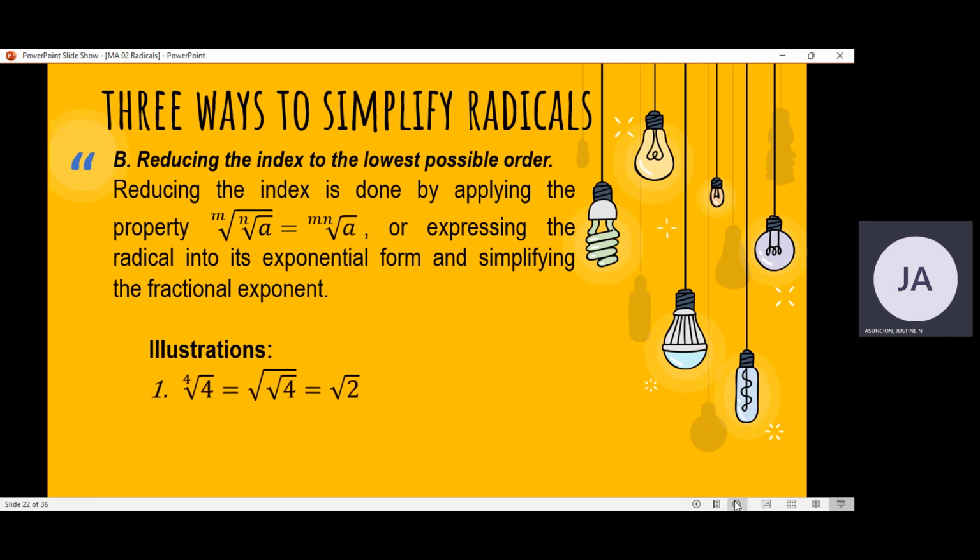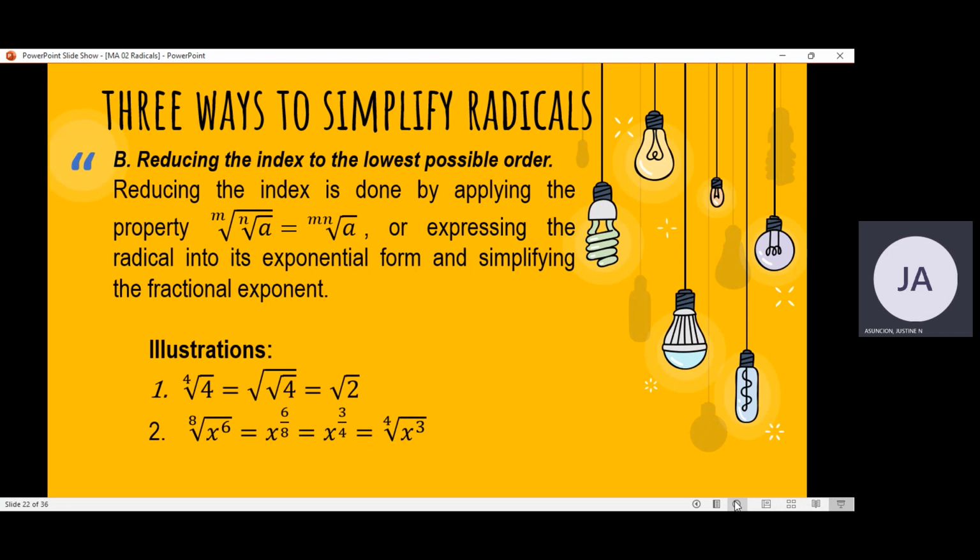The fourth root of 4 can be expressed as the square root of the square root of 4. The square root of 4 is simply 2, so that's the square root of 2. Another example is the eighth root of x raised to 6. Let's apply the fractional exponent, the exponential form.